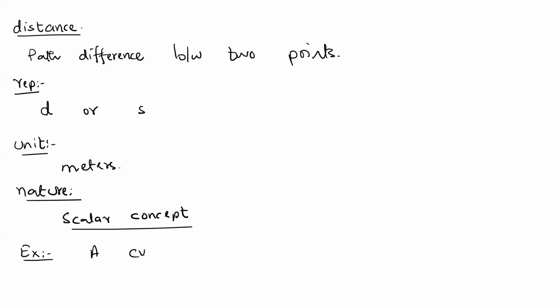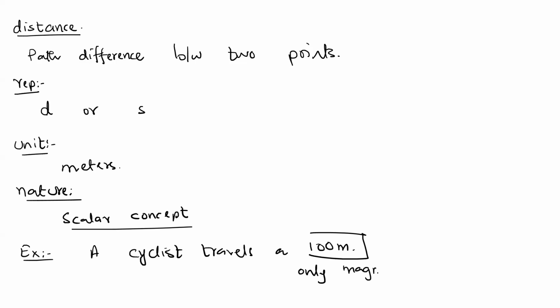We can say a cyclist travels 100 meters. So this 100 is basically only magnitude or size or number. It is never telling us where this cyclist is going. Is he going north, south, east, west?